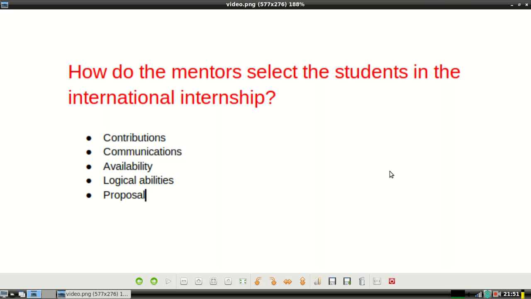I think these are the 5 points that every mentor has in his or her mind while selecting the students. These are the basic things that we need from the student while working on a large project, as we are paying the student a large amount. So that's why we need these kinds of things and abilities in an individual, if he or she wants to get selected in an internship. So let's get started with this video.